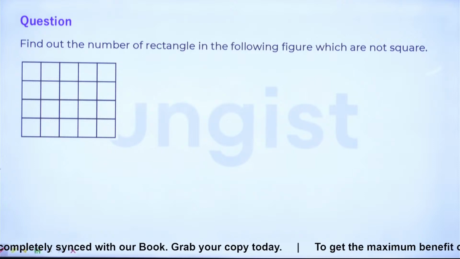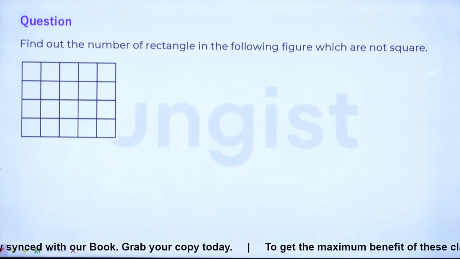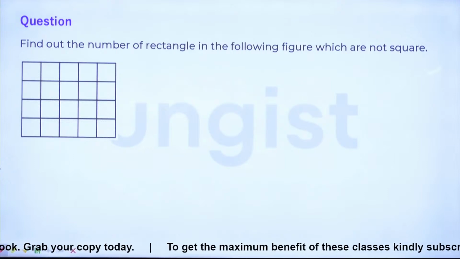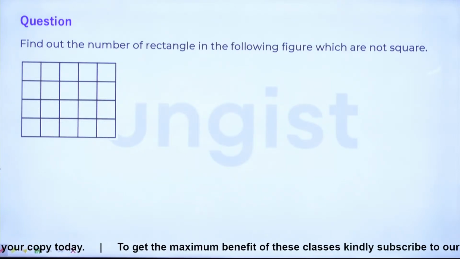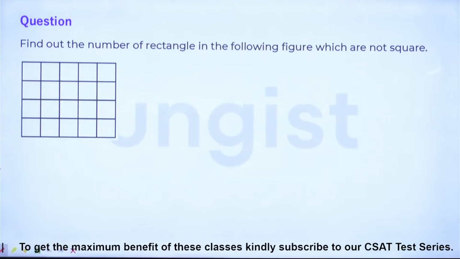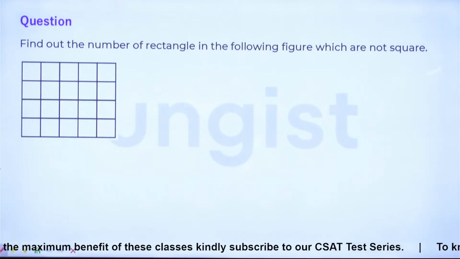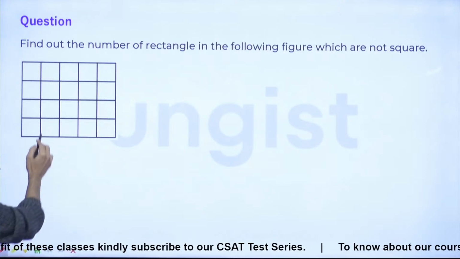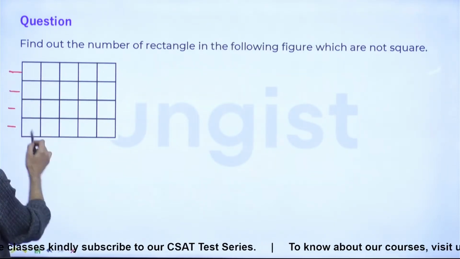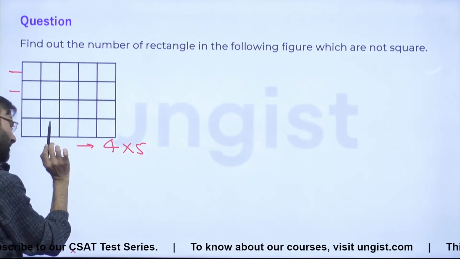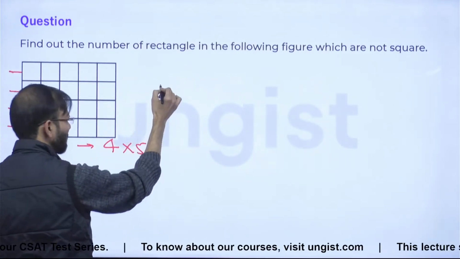Yes, guys. Tell me what is the order of this? Order क्या है? 5 by 4. 1, 2, 3, 4. ये 4 by 5 है या 5 by 4 है? 4 by 5, right? But how does it matter? इससे कोई मतलब नहीं है बहुत ज़्यादा.